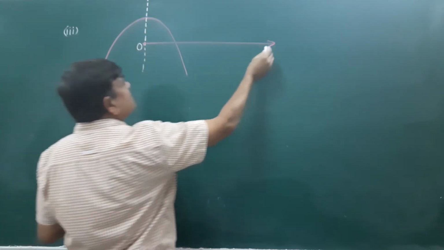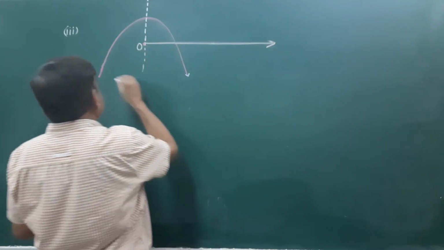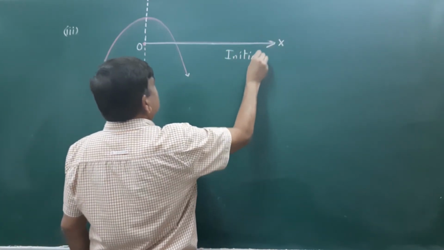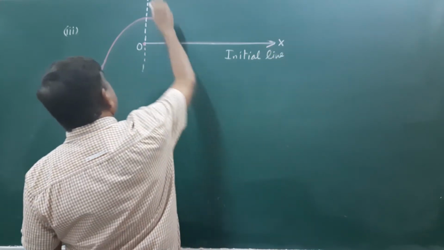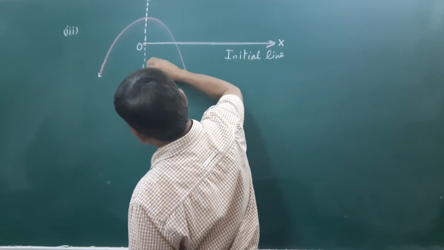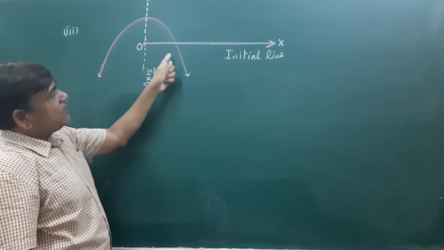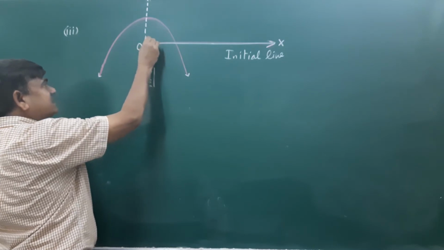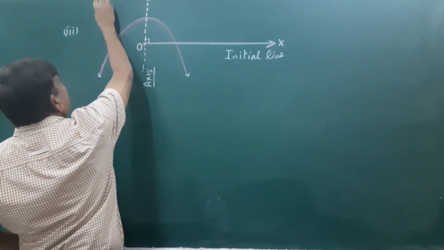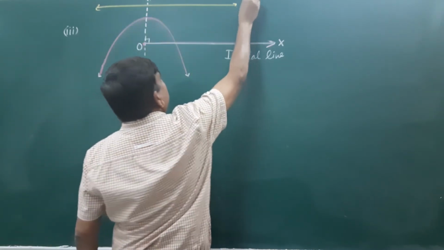This is O. Remember this line, this is the axis. Axis of the conic is perpendicular to the initial line. Perpendicular to this. Directrix definitely back of this. This line is the directrix.